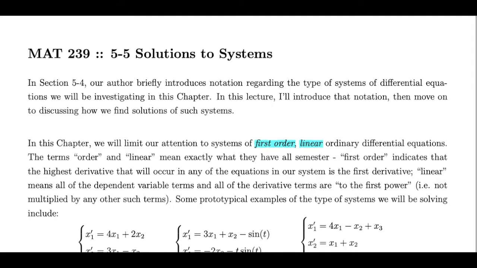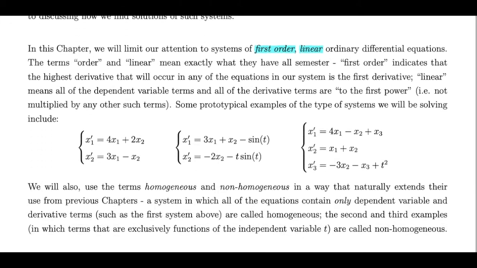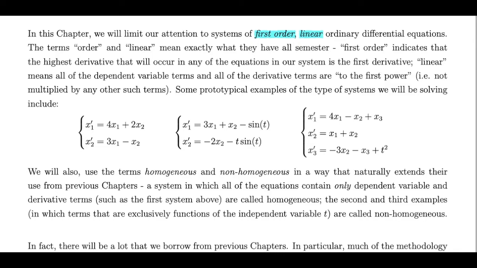And here I've provided a few examples of systems comprised of first order linear ODEs. A quick reminder that I'm thinking of x sub 1 and x sub 2 as dependent variables, functions of t. And so x1 prime and x2 prime are their derivatives.